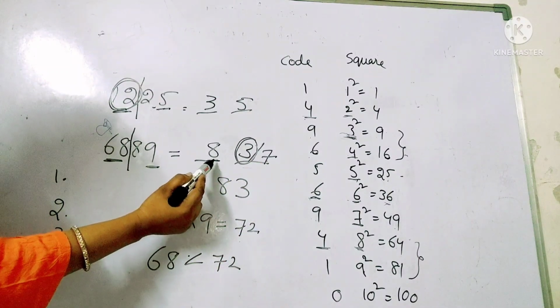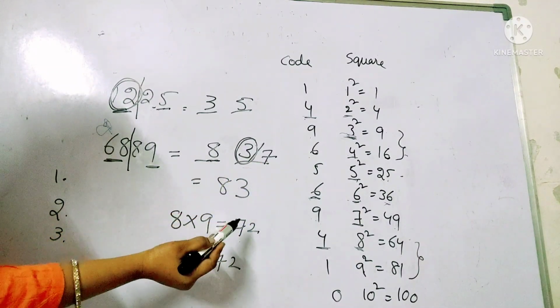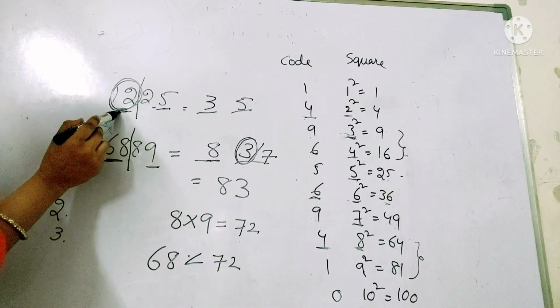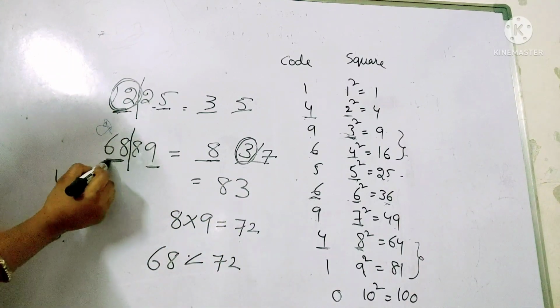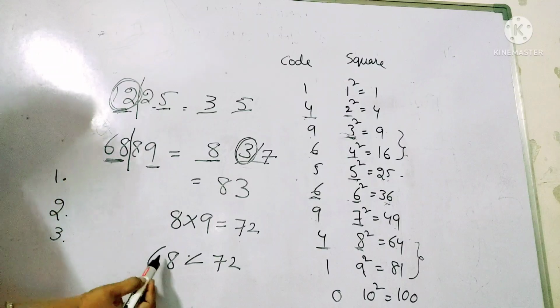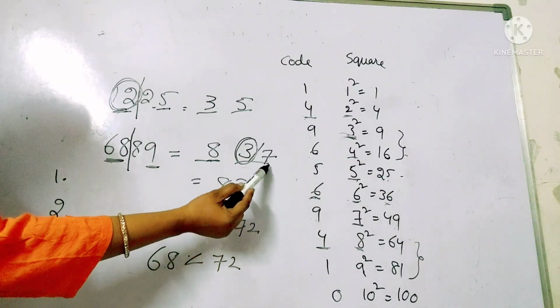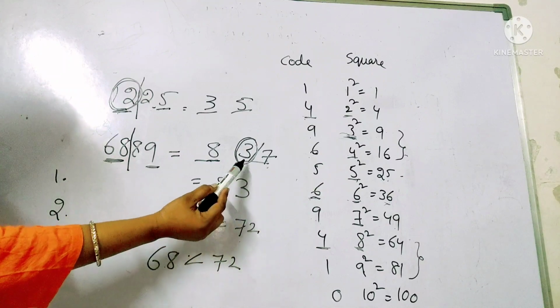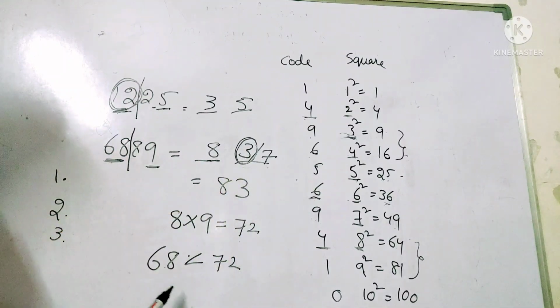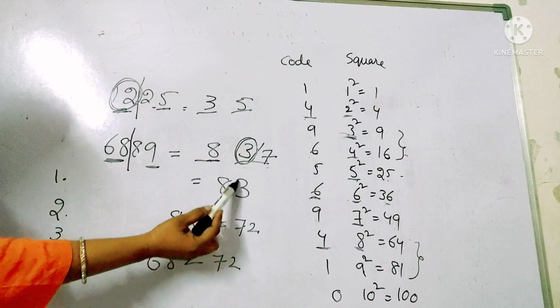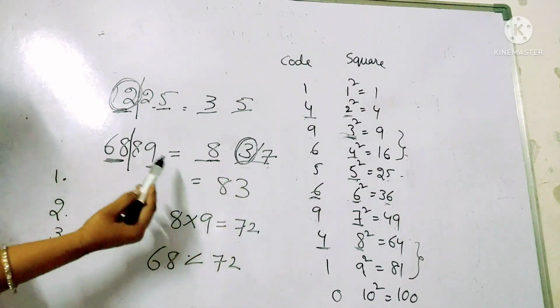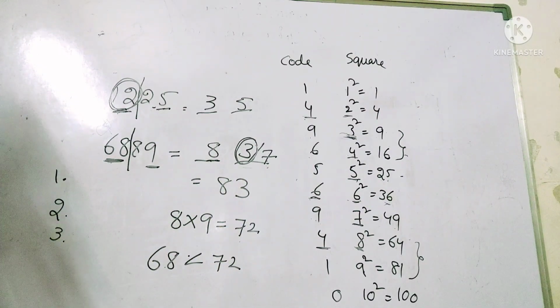You have to multiply this number with the next number and then compare that number with the given number. Okay, so this 68 is less than or greater than. If it is greater than, you have to go for the biggest number. If it is less than, you have to go for the smallest number. So here 68 is less than 72, so you have to go for 3. So the answer for 6889 is 83.